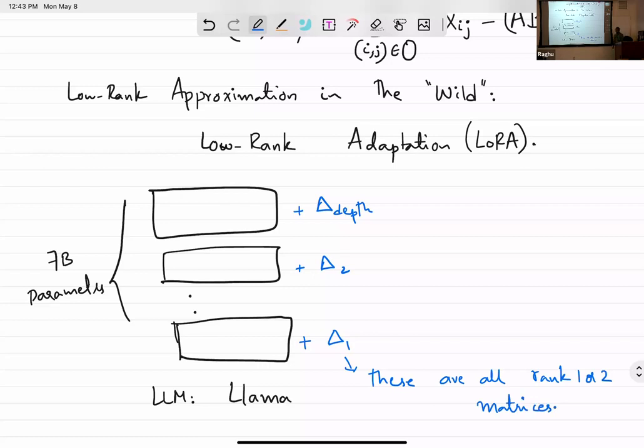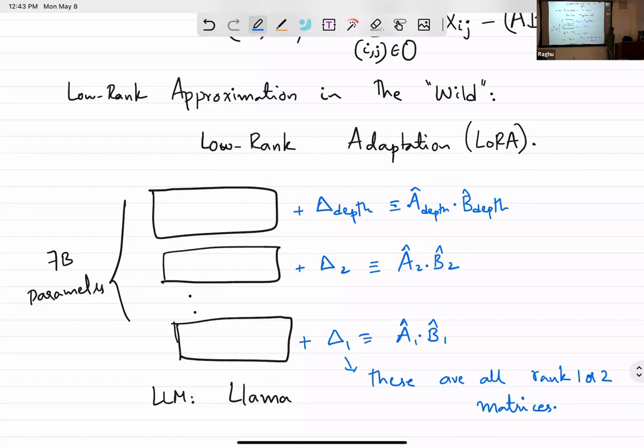You actually make it like a hat 1 times b hat 1, a hat 2 times b hat 2, and so on. You're adapting a giant model with 7 billion parameters, but reducing the rank a lot.